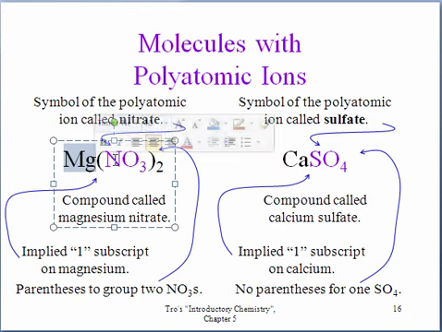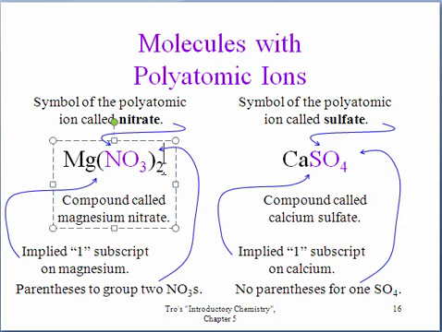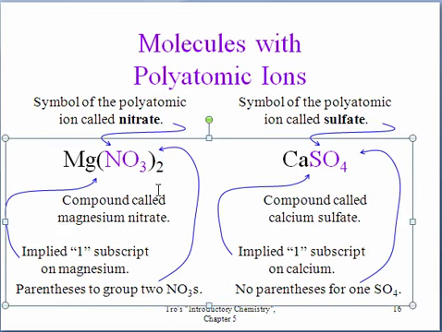The metal will come first, and this will come second. Now, in this particular compound, we have more than 1 nitrate. If you have more than 1 polyatomic ion, they are put in parentheses, and the subscript, which has to be 2 or greater, goes outside of the parentheses.